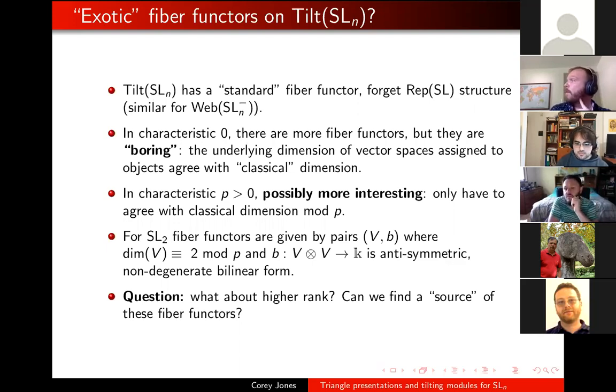I don't know. This is a good question, in the sense that the same kind of story holds for quantum groups, where the quantum dimension is Q plus Q inverse, and usually it's not the dimension of any vector space. But the point is that when you represent that quantum object on an actual vector space, using the fiber functor, the quantum dimension has to be bigger than the dimension of the underlying vector space.